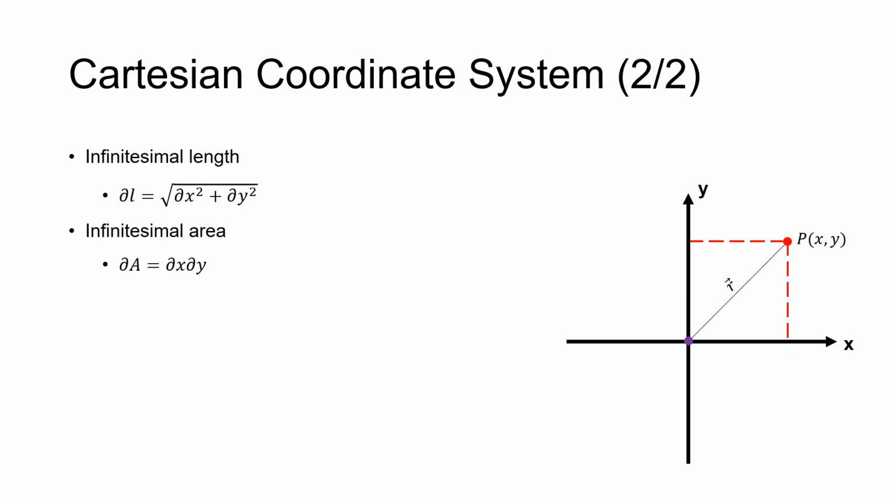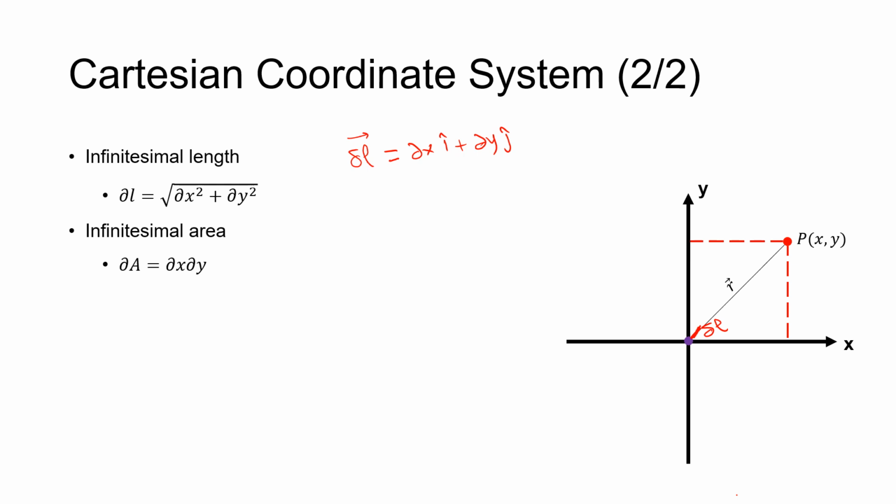So now we define what's called infinitesimal length and infinitesimal area, which are used normally in integration and differentiation. In the Cartesian coordinates, simply you want to move a very small distance delta L in some direction. This delta L, represented as a vector, equals delta x in the i direction plus delta y in the j direction.